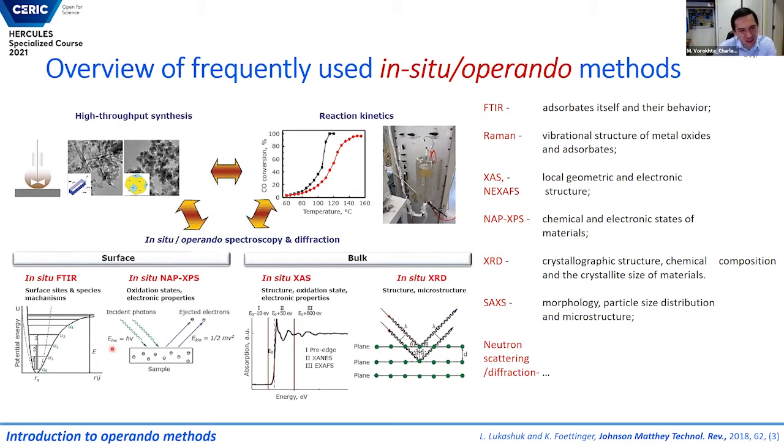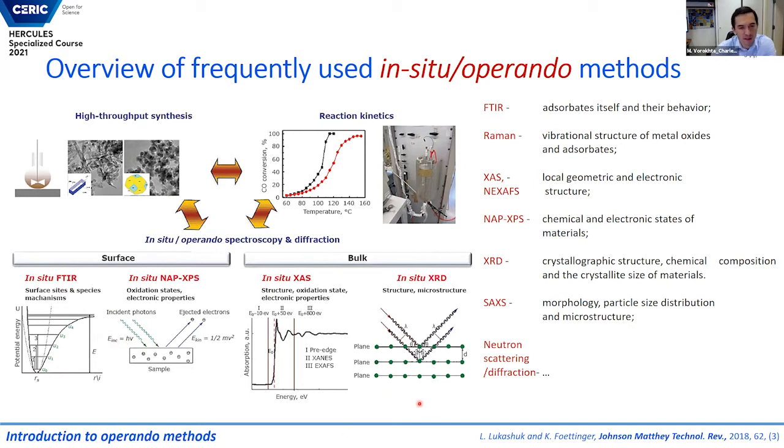And then you see that, for example, infrared spectroscopy gives you information about some adsorbed species, about the vibrations of these species on the surface. NAP-XPS is also a kind of surface method, but it is probing a bit deeper, and gives you information not only about surface species, but also about atoms at the surface, about the catalyst.